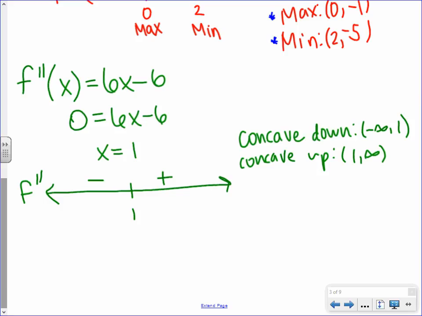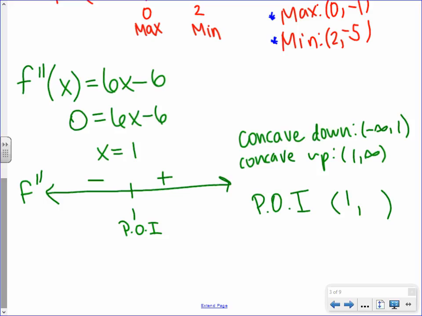Change directions. How about on the function? What's happening when we change concavity? What do we call that? Good. So we have a point of inflection when x is 1. We plug 1 back into our original function.